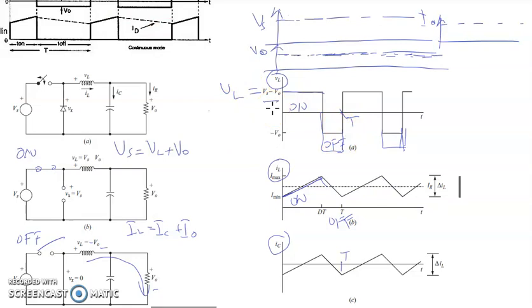From the equation just now, we can see that IC is equal to IL minus I out. So this is IC, and this is IR or I out.